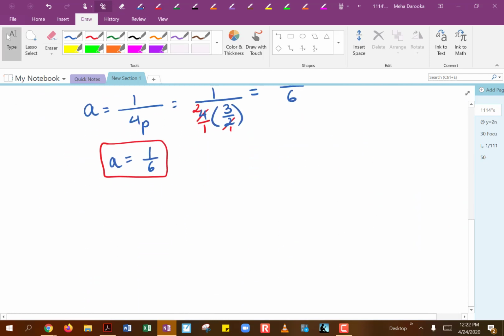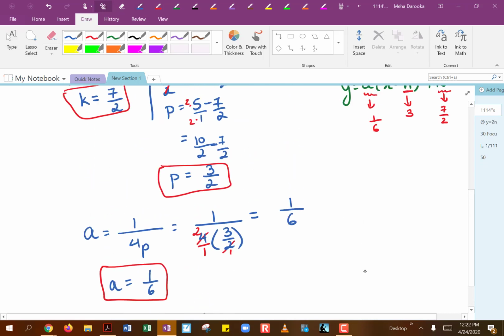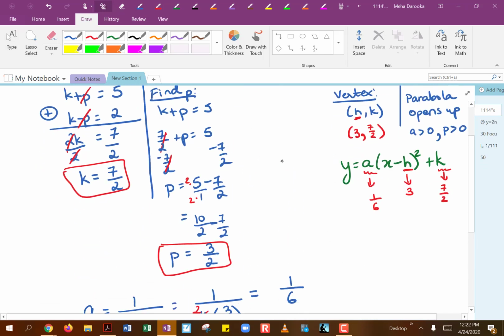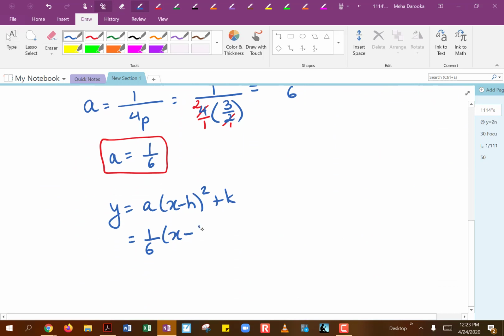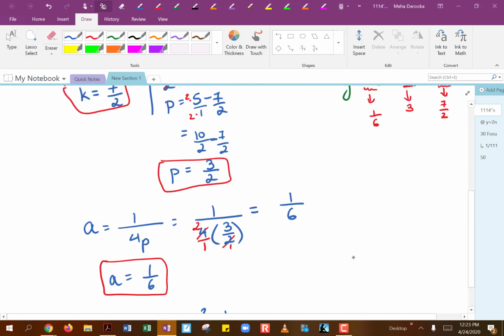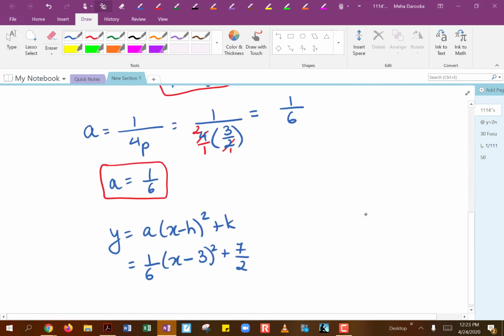All right, so let's put our equation together. So we've got a as 1/6. We've got h as 3. And we've got k as 7 halves. Okay?